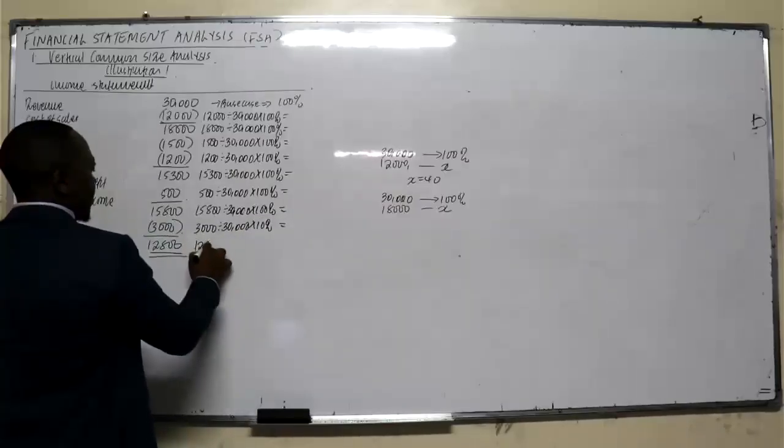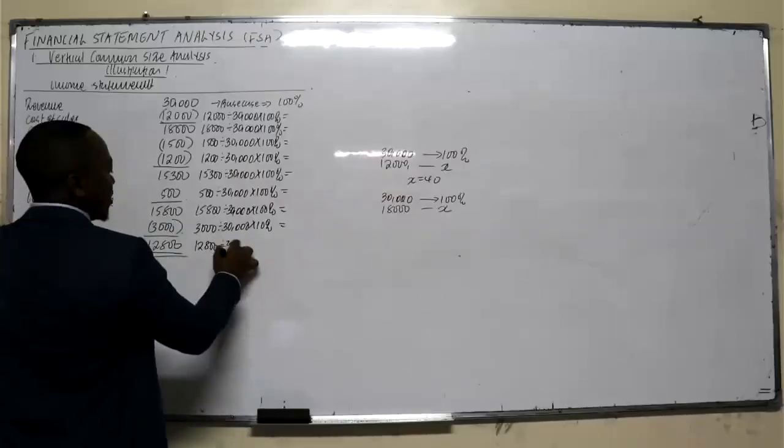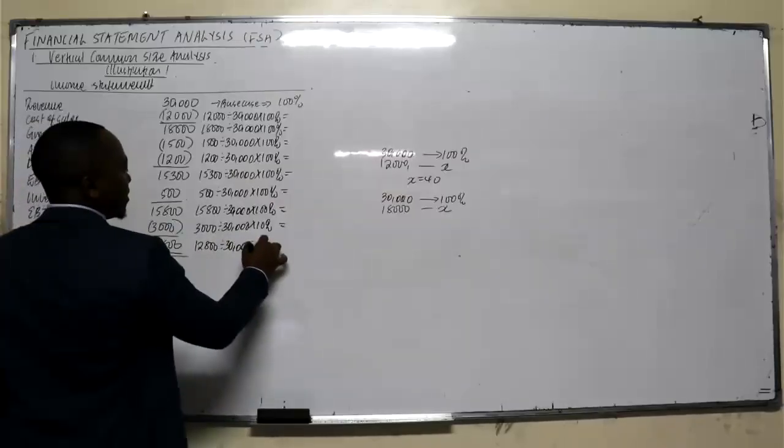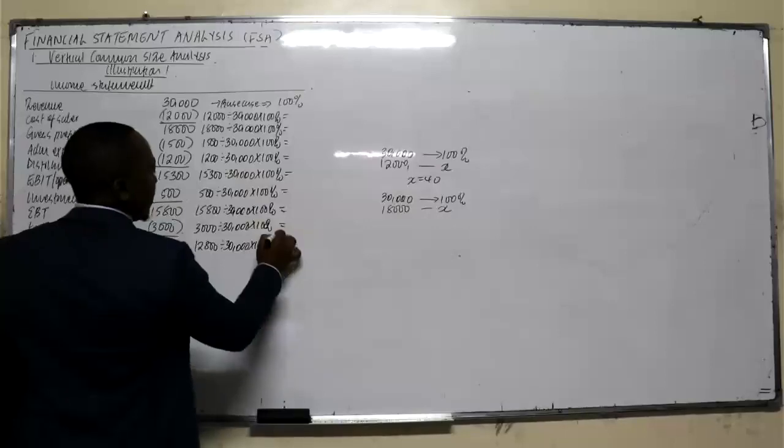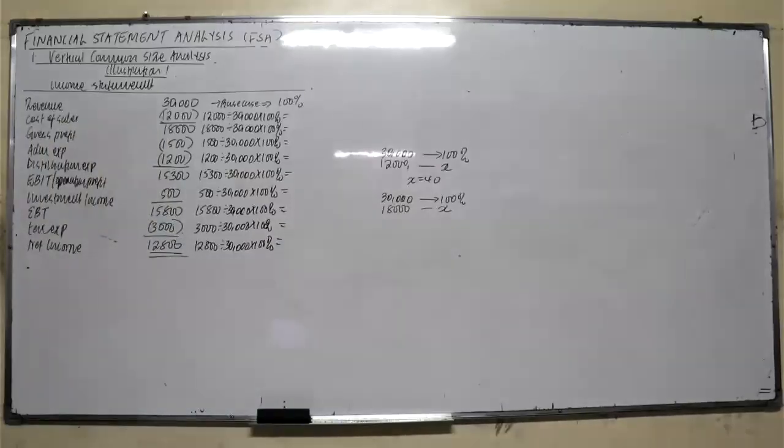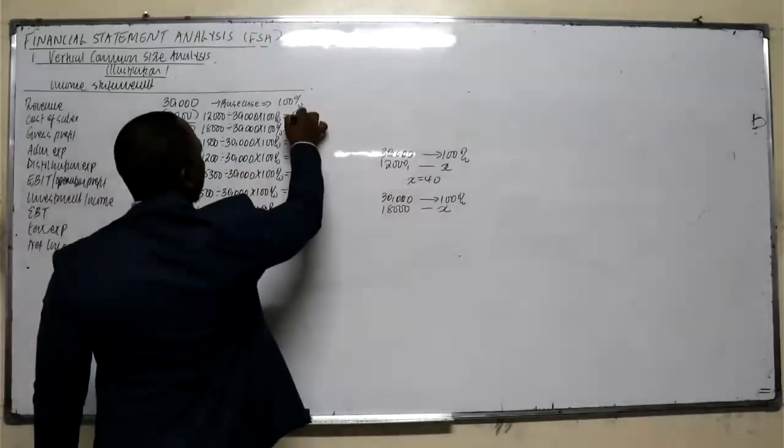Also, the net profit is 12,800, you divide by 30,000. So give me that. So this one we had 40%.